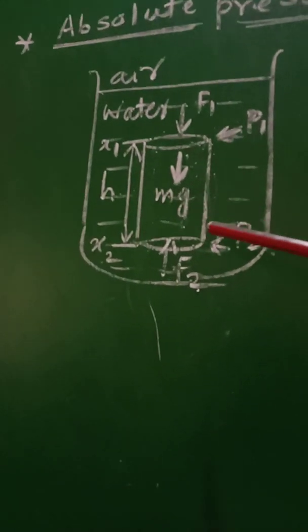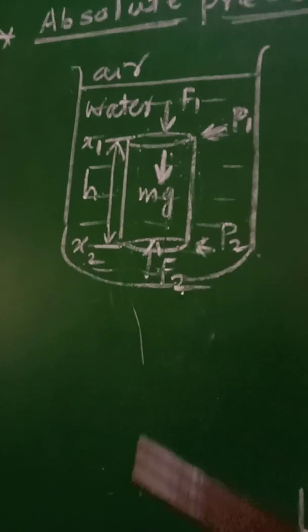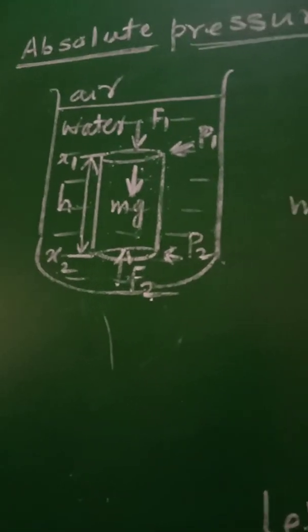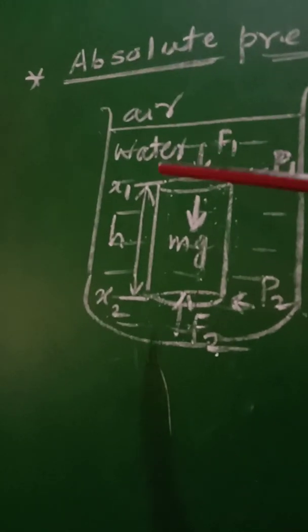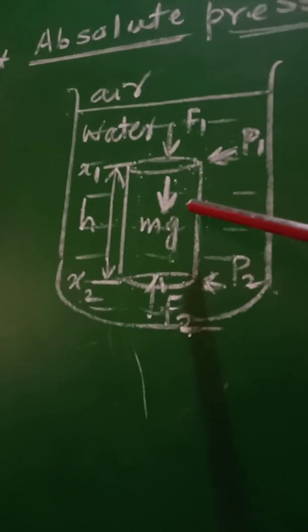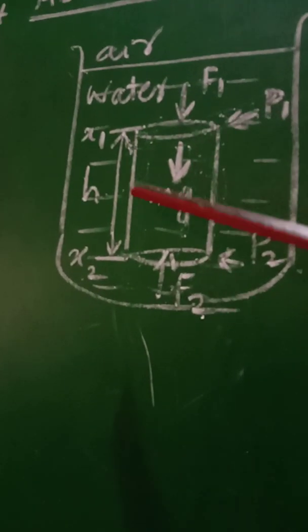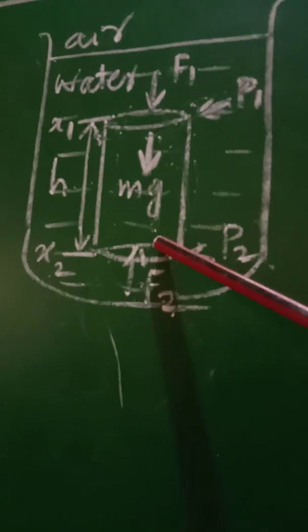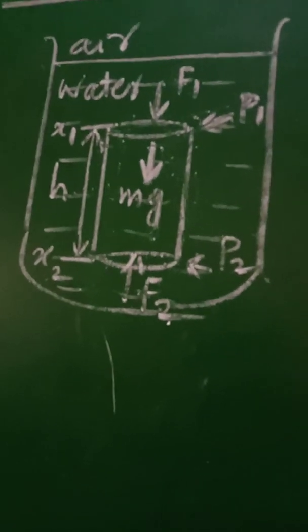Then let a liquid column of cross-sectional area A and height h, that is equal to x1 minus x2, be produced inside the liquid. So this is the cylindrical liquid column having its area of cross section A and height equal to h, that is x1 minus x2.